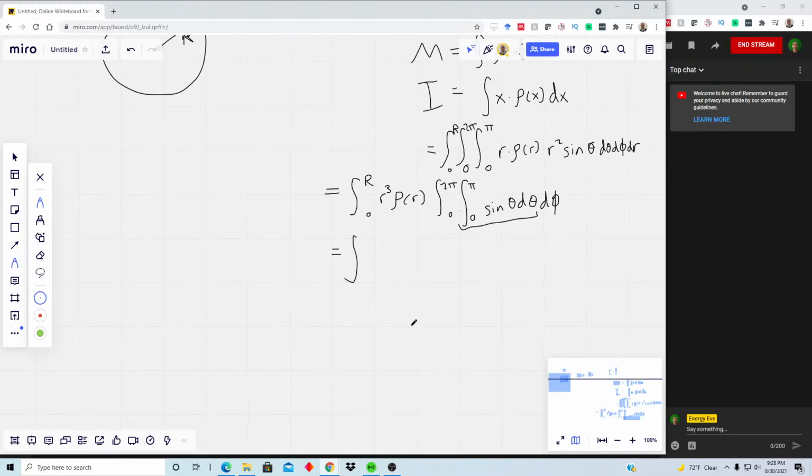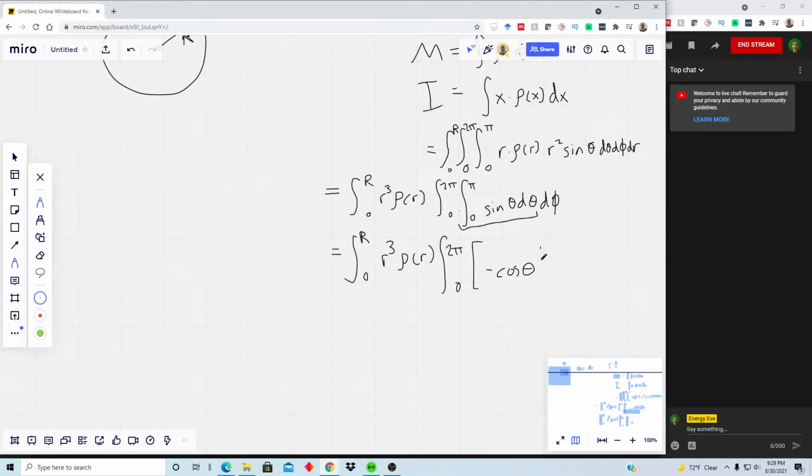I guess I should probably work it out just in case anybody doesn't know how to work it out, and you know that I'm not just making numbers up. And so the integral of sine is negative cosine theta, and we evaluate it from 0 to pi. And you may ask, well, what is negative cosine theta?